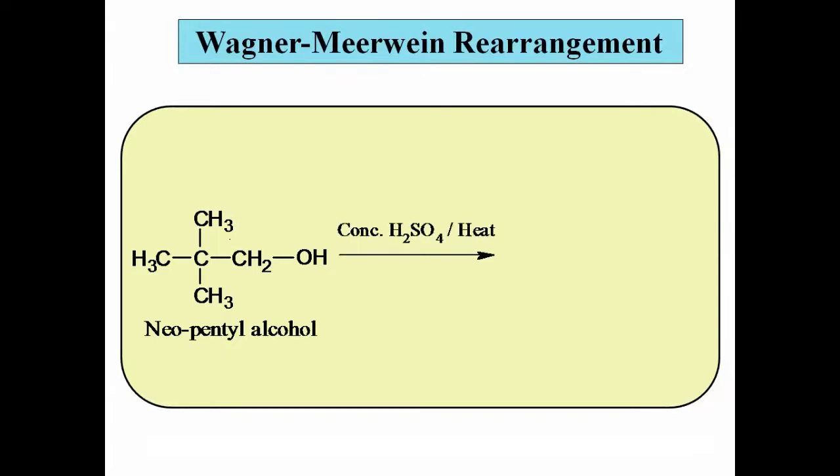Suppose that neopentyl alcohol is heated with the concentrated H2SO4. What should be the reaction? What should be the reaction, expected reaction? Yes, that compound undergoes dehydration. Suppose any alcohol is heated with concentrated H2SO4, it should easily undergo dehydration. Means there is a loss of water molecule. OH from one carbon, hydrogen from adjacent carbon is removed as a water molecule, and that alcohol converts into corresponding alkene.